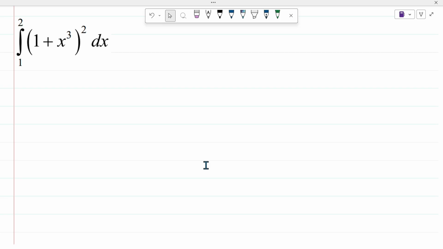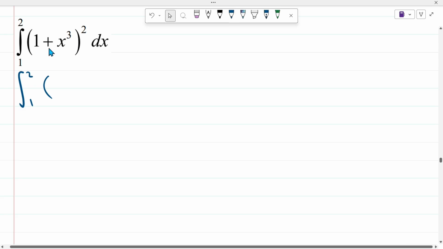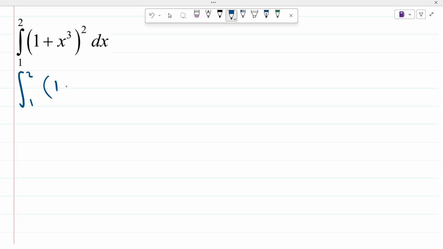Yes, we can. So we go and simplify first, by multiplying out there. That's going to be the integral of 1 plus 2x cubed plus x to the power of 6 dx.